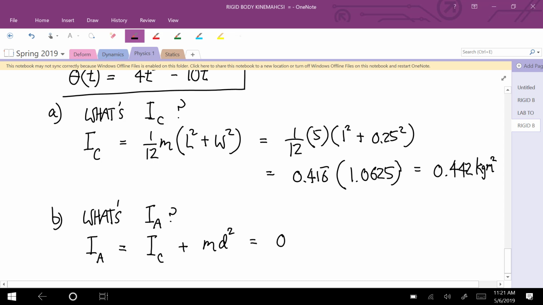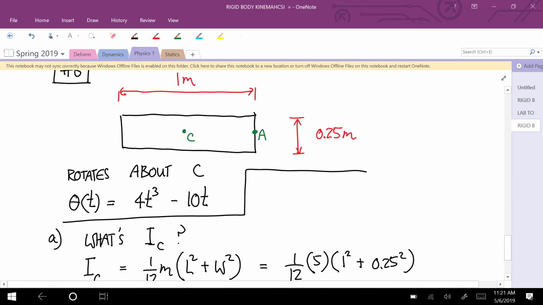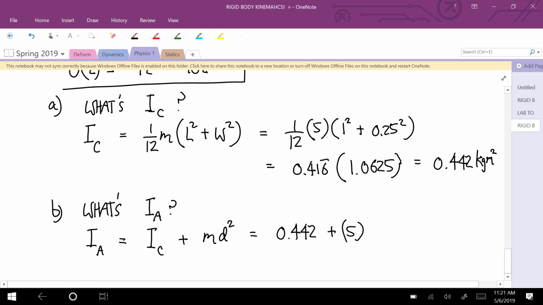And so that's 0.442 plus 5 times the distance from C to A, which is 0.5, so 0.5 squared.